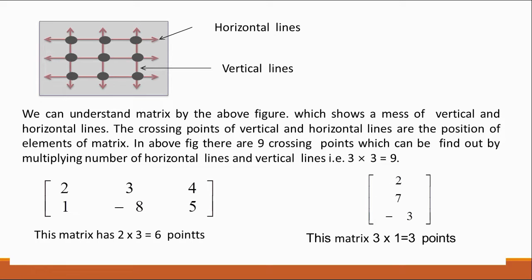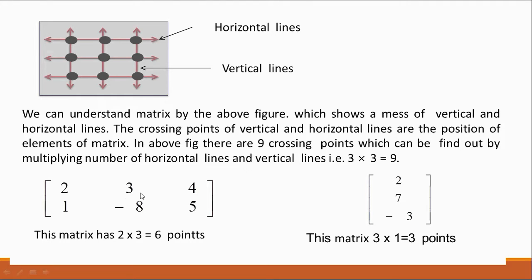For example, in this figure you see there are 3 horizontal lines, 1, 2, 3, and 3 vertical lines, 1, 2, 3. So there are 3 multiplied by 3, there are 9 crossing points.